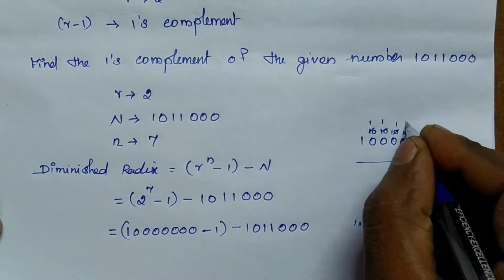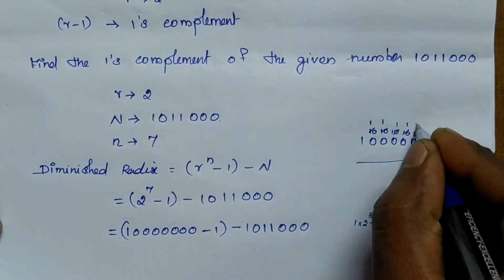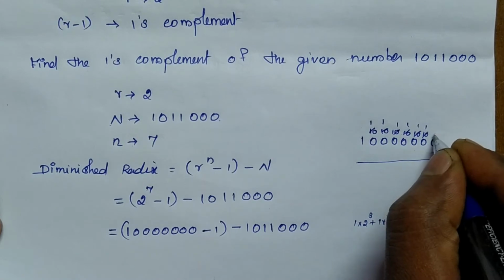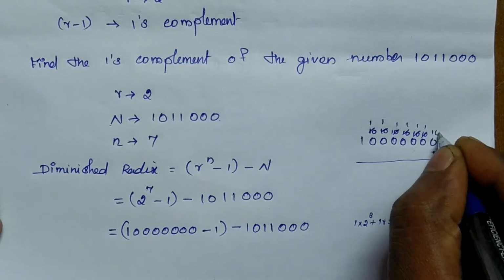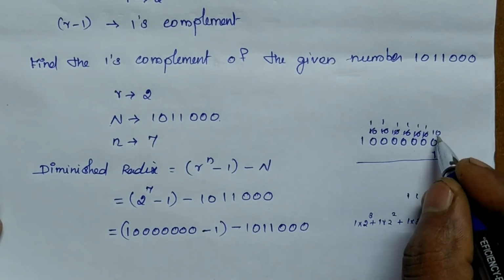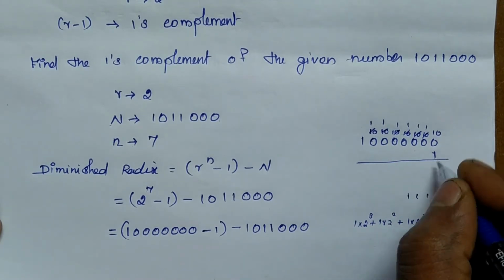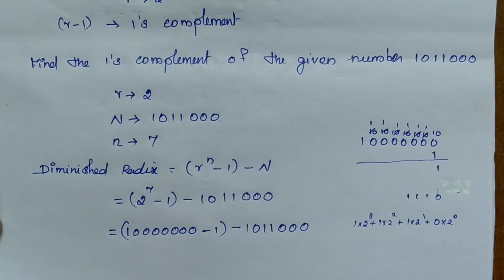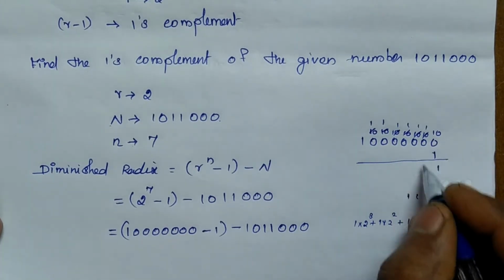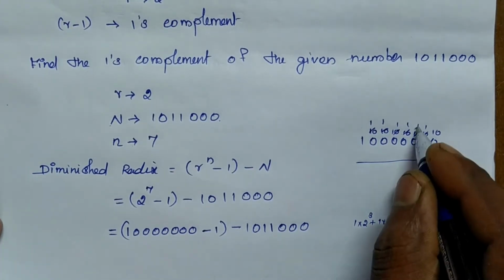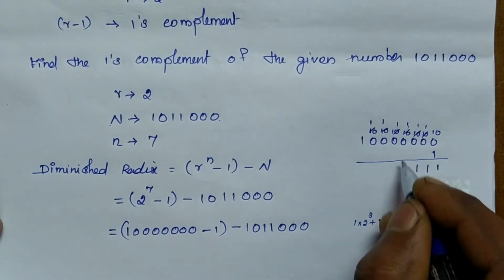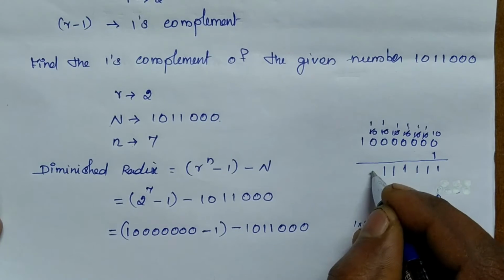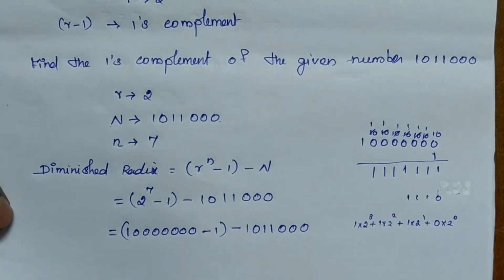So likewise it goes on. So here 1 0. Finally I will have the value as 1 0. Therefore 1 0 minus 1, here I will have the value as 1. It's a binary arithmetic. So here I am having 1, here also 1, here also 1, here 1, here 1, here 1.